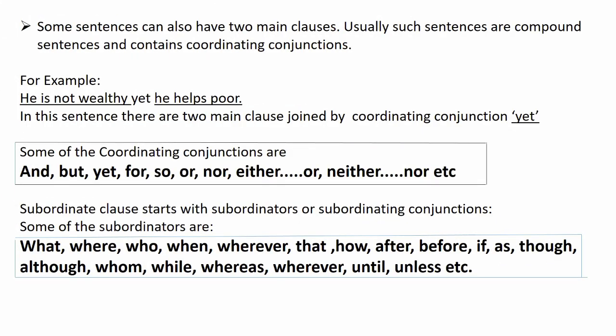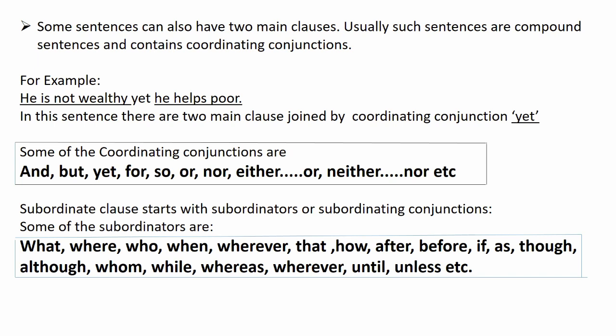Some sentences can also have two main clauses, and usually such sentences are compound sentences and contain coordinating conjunctions. For example, he is not wealthy yet he helps the poor. In this sentence there are two main clauses joined by the coordinating conjunction yet.